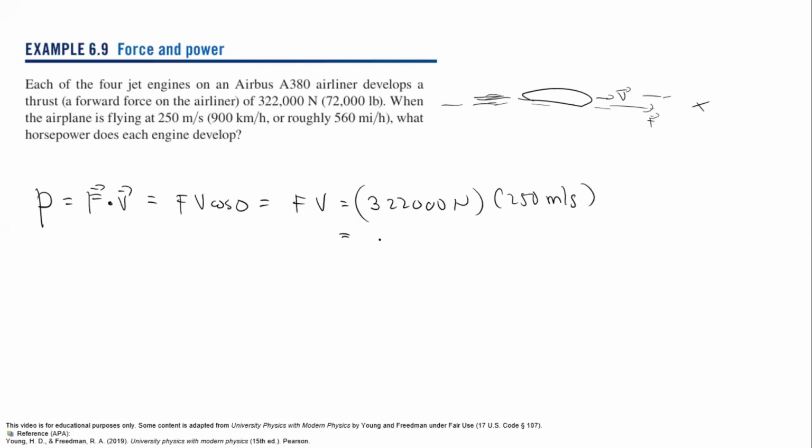So we have 8.05 times 10 to the 7 joules per second, or 8.05 times 10 to the 7 watts.